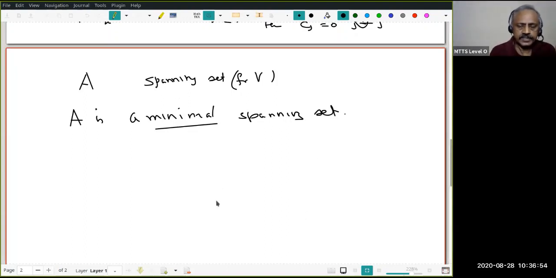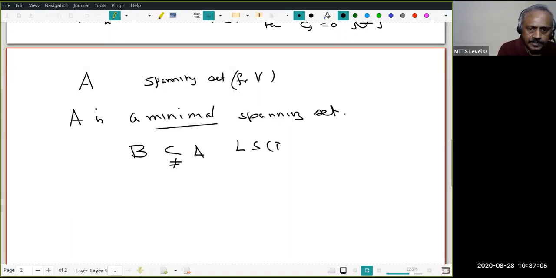If B is a proper subset of A, then the linear span of B is a proper vector subspace of B. That is, it's never equal to B.